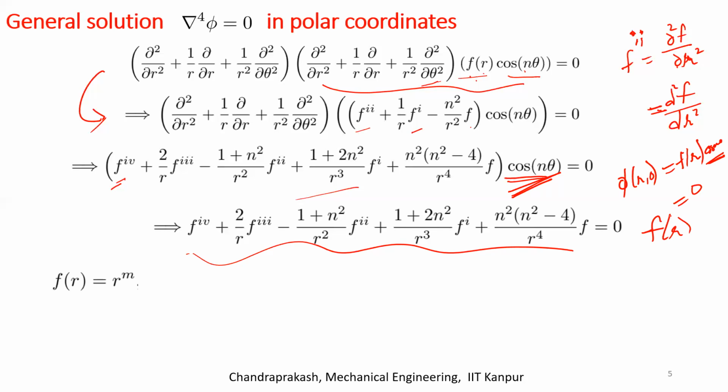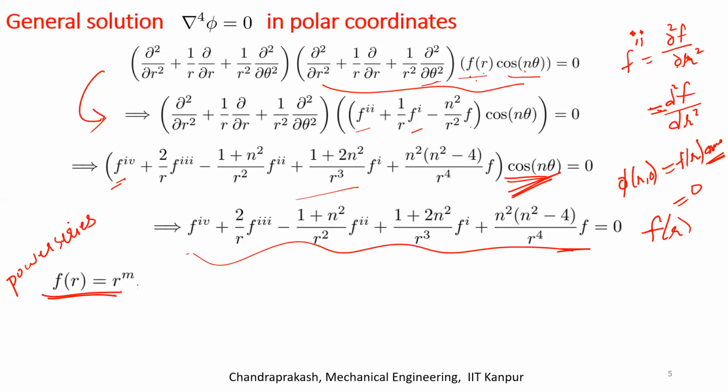F is only a function of r, and the derivative is with respect to the variable r. So now I have an ordinary differential equation in f with the variable r, and I am seeking a power series solution, or simply a series solution. And that's why I'm saying let f of r be r power m.